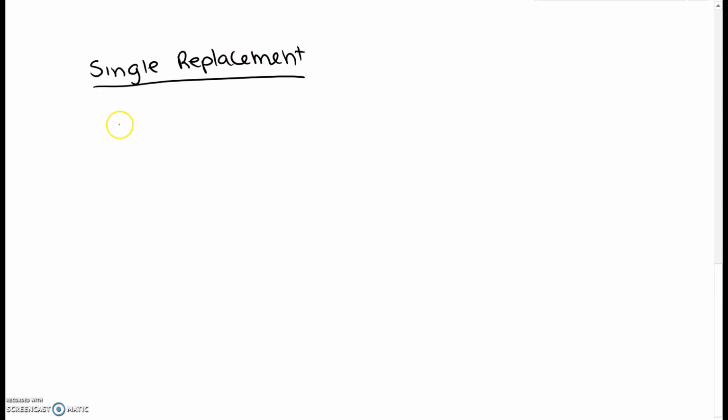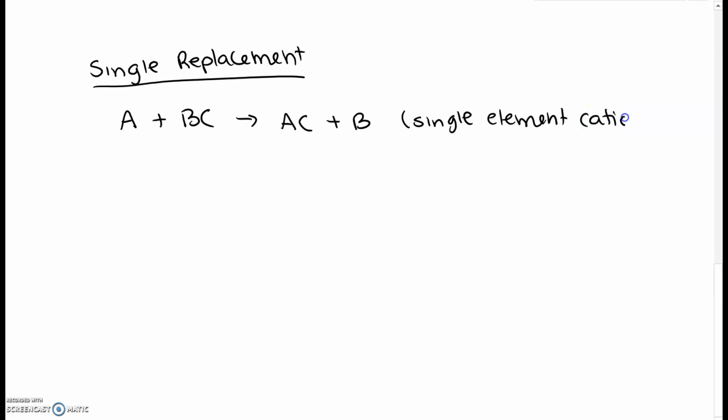Single replacement is going to take the form A plus BC yields AC plus B if the single element is a cation, because notice how A replaces the cation. Or it could be X plus YZ yields YX plus Z if the single element is an anion. Okay, because the single element is going to try to replace whatever element in the compound it's similar to.